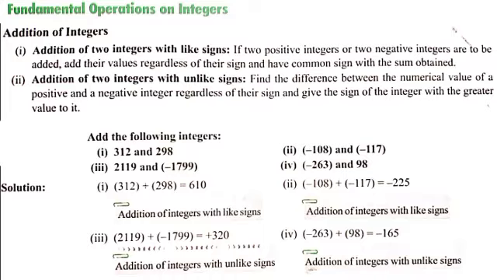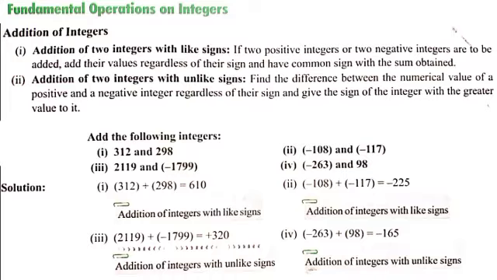Here, when you decide which is the greater number, you just take the value and should not take the negative or positive sign into account. As I said, in integers minus 1 counts as a lower number than 1. So if 2119 is added with minus 1799, just take the numbers and leave the signs: 2119 and 1799.